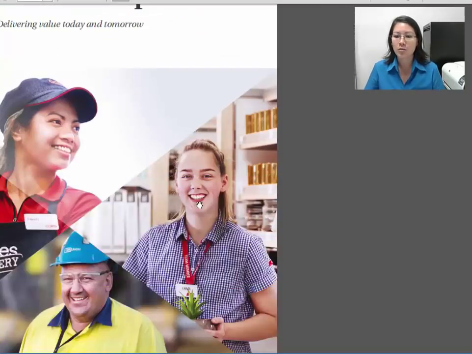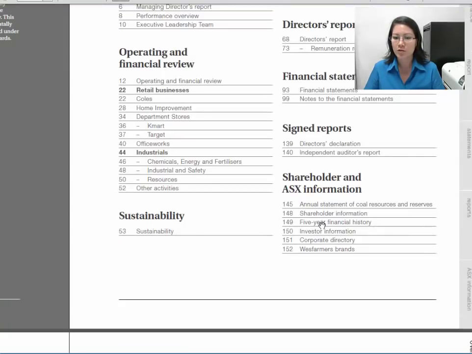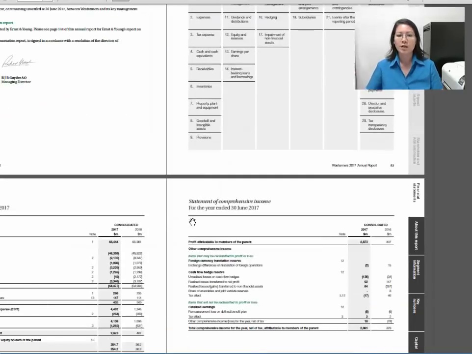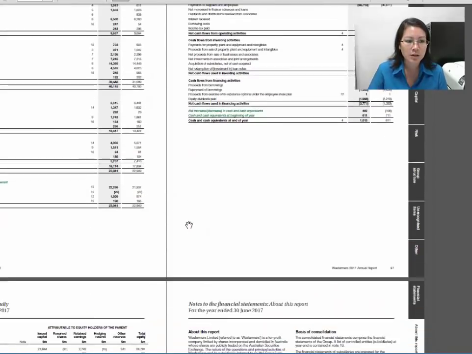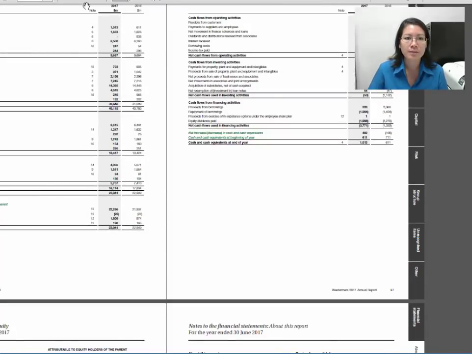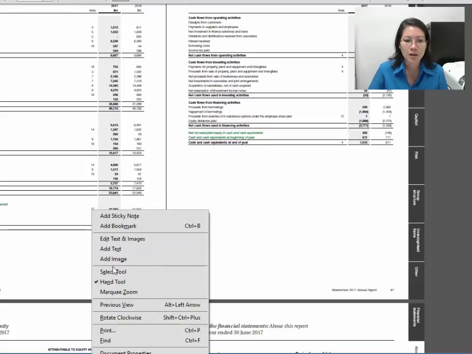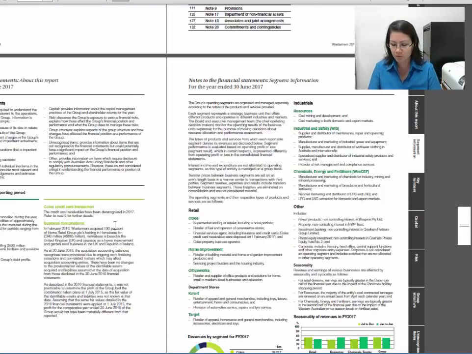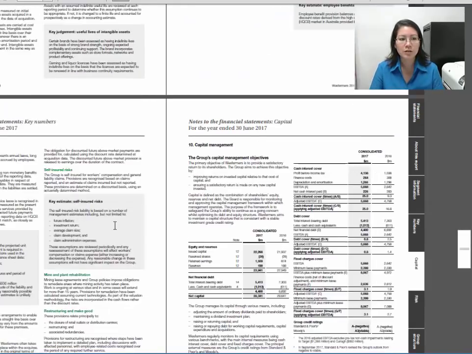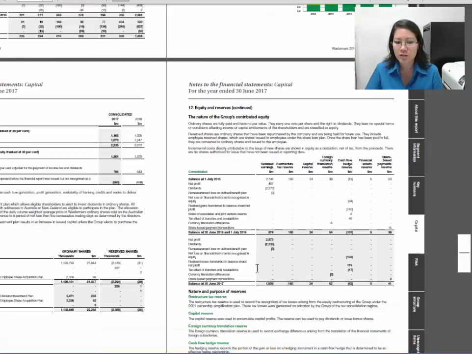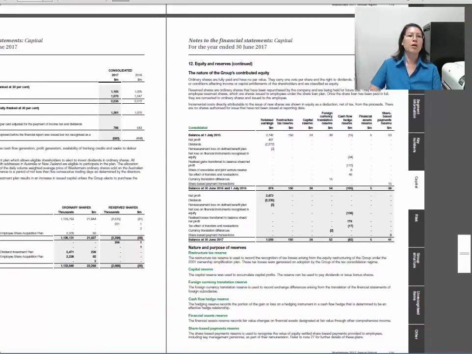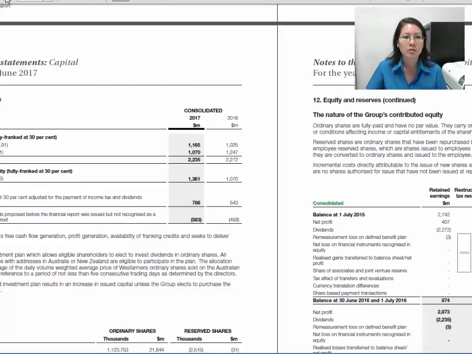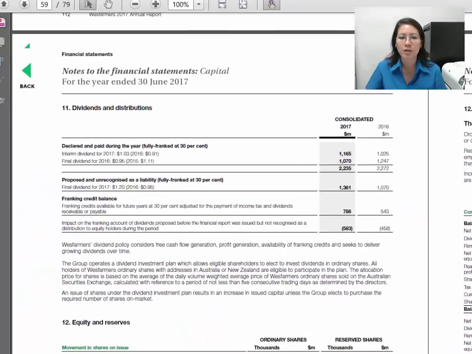Let's go home, let's go to my financial statements, go to the balance sheet, and let's just see under the notes here, note 12 it seems to be is my equity for issued capital is note 12. So I'm going to go to note 12 first. Here's note 12 and just see, because sometimes, here we go, note 12. Let me zoom that for you because you can't really see that, and move that over here.